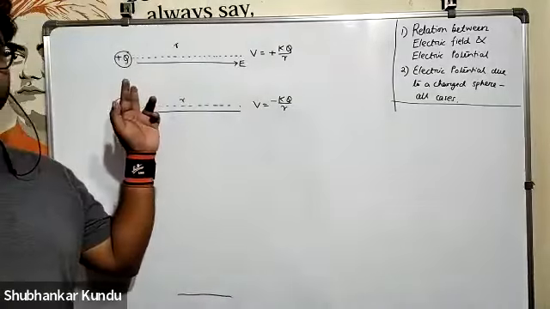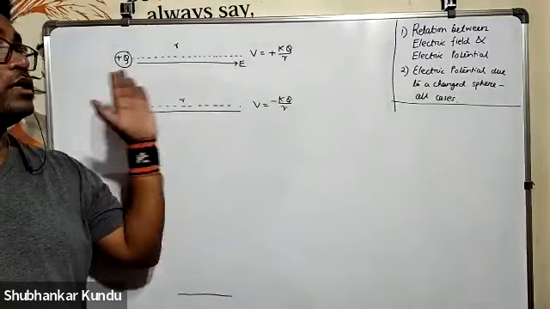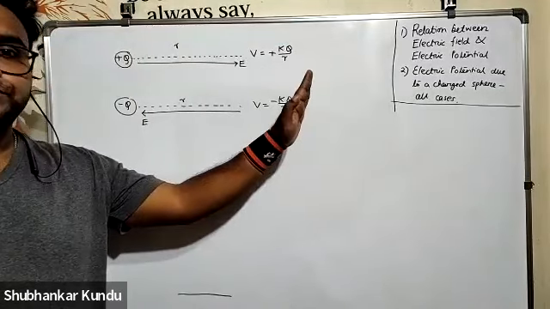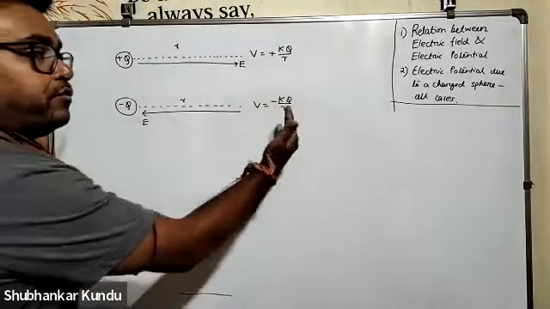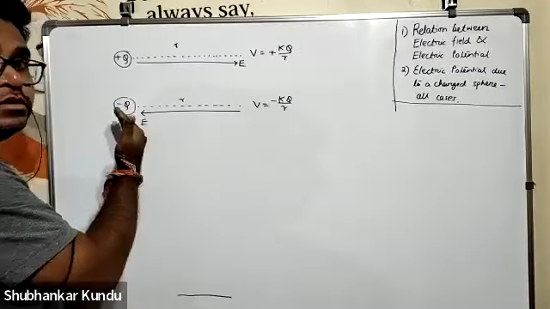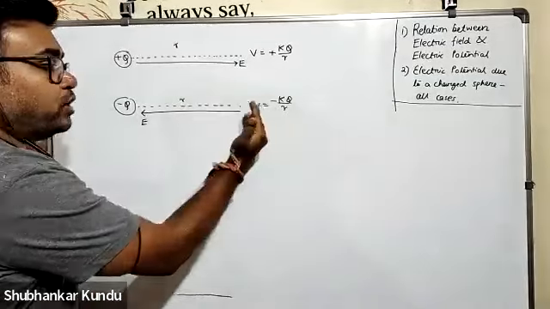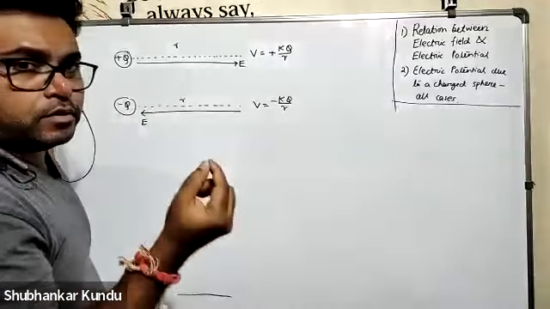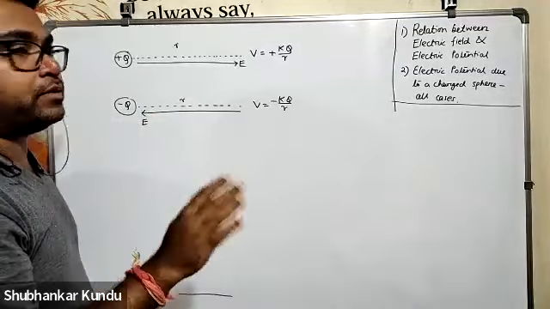So this is a positive charge. The direction of the electric field is this way, so electric potential is going to reduce in this way. Here is a negative charge. The direction of the electric field is towards the charge, so in this case the electric potential is going to reduce in this way again.